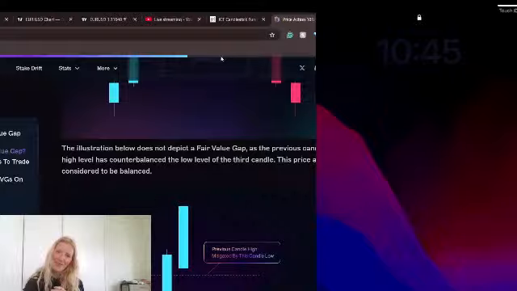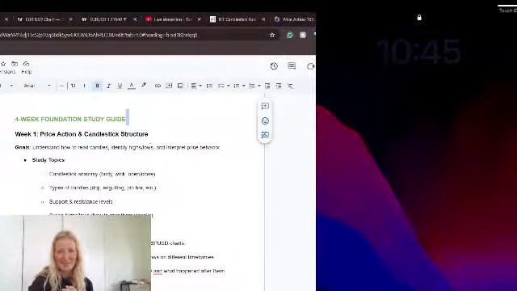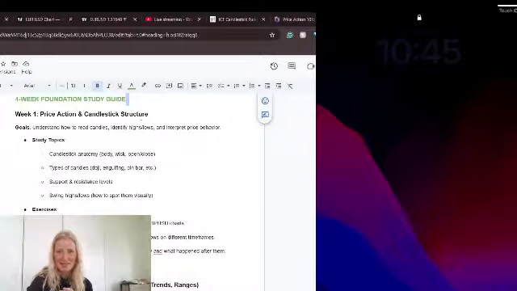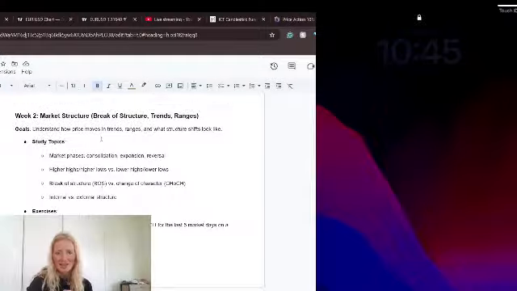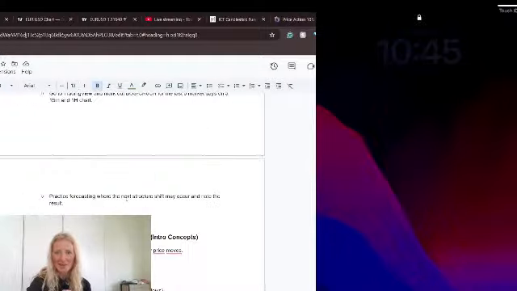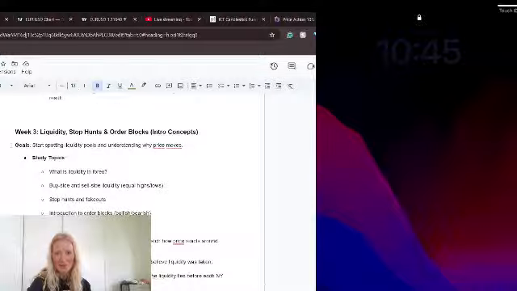Well, I think I'll get to this after, because this is the little study guide that I made. First of all, candlestick and price action, like candlestick anatomy. And then market structure, break of structure, trends. And then I'm going to learn about liquidity, stop hunts, and order blocks.